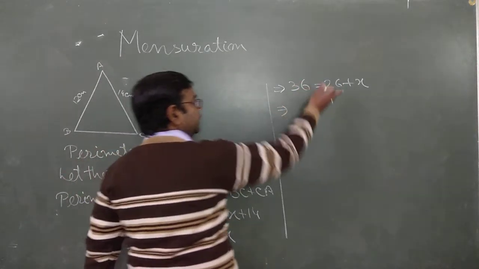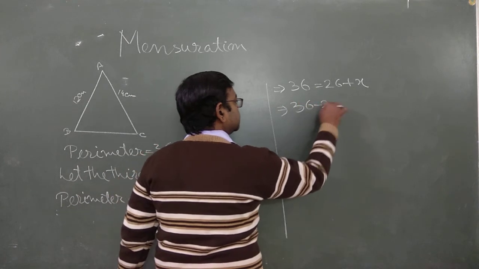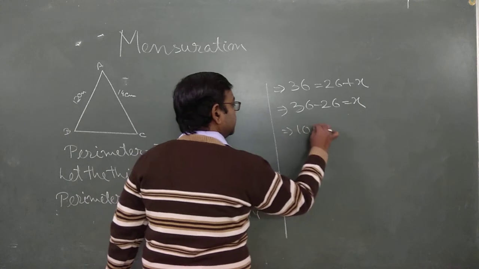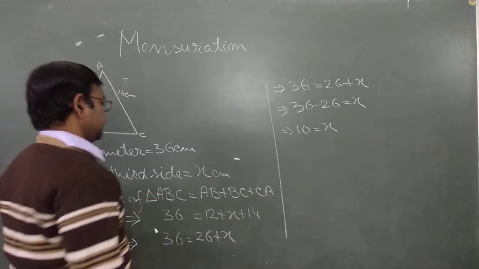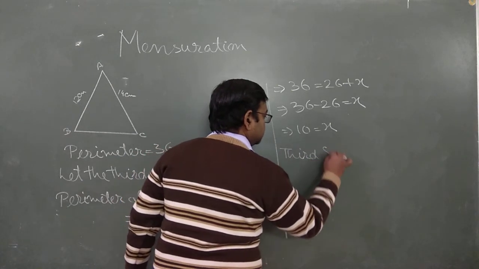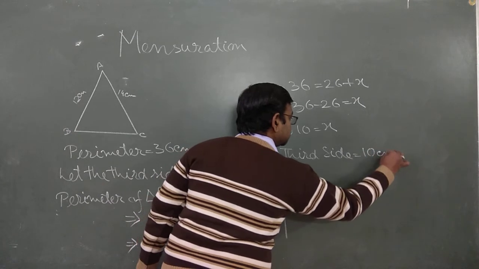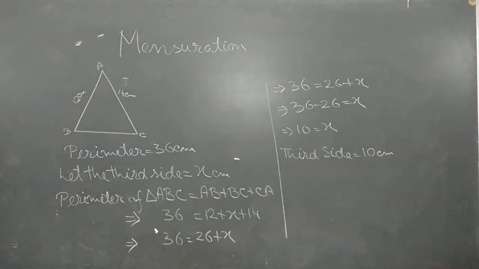This is a form of linear equation. 36 minus 26 equals x. So 10 equals x. So the third side equals 10 centimeter.